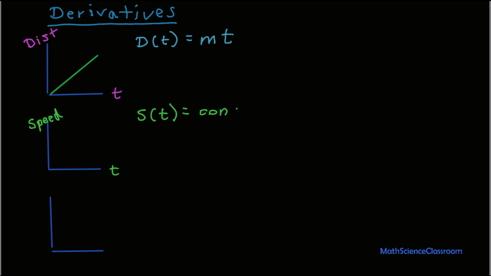So how do we draw that? We would draw it as a straight line. Notice that the speed is not going up, it's not speeding up, it's not slowing down. The speed is remaining constant.